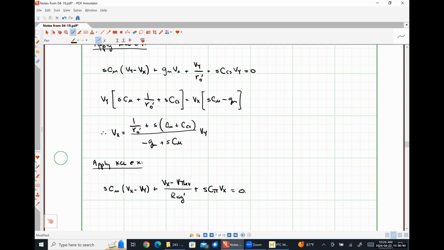And now I'm just going to rearrange this such that all of my Vx and Vy terms are on the left-hand side of the equal sign, and all of my Vthev terms on the right-hand side.